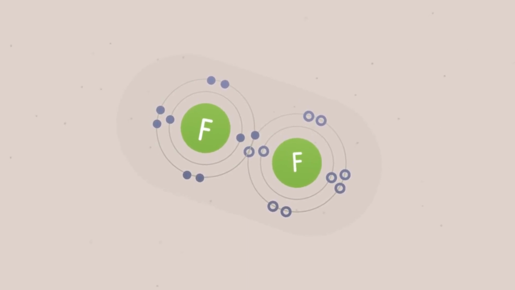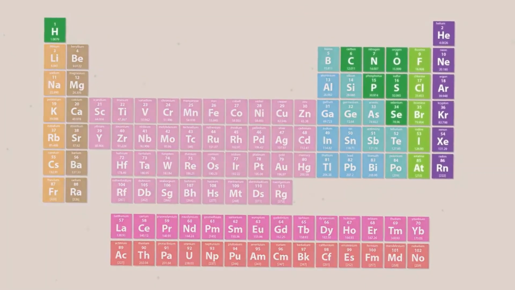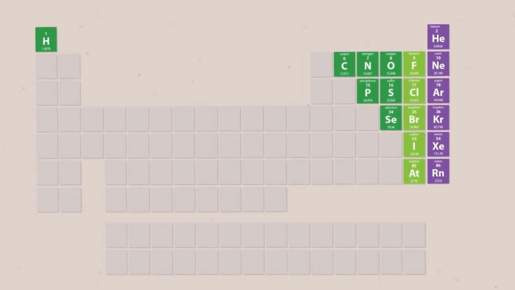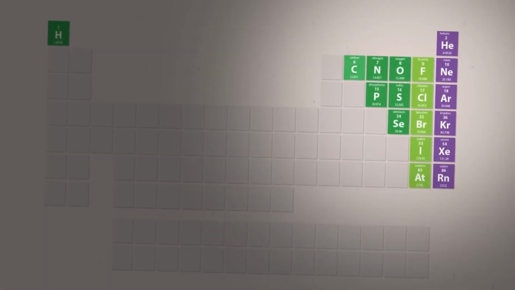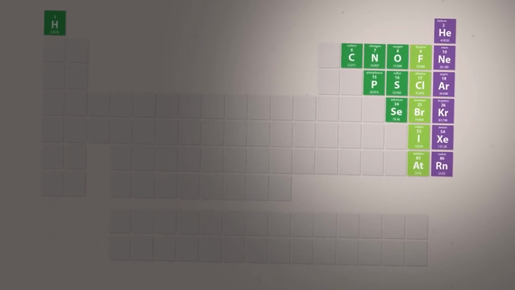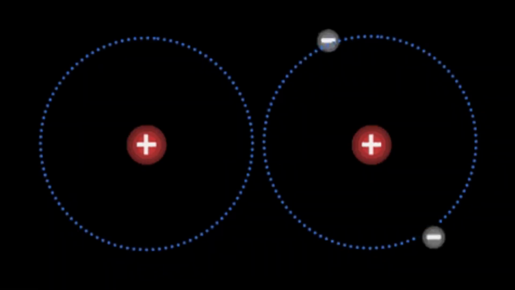The nonmetals are found on the right-hand side and upper part of the periodic table. Some common nonmetals are carbon, nitrogen, oxygen, and the halogens of group 7A. These nonmetals have shells that are normally half or more than half full of electrons.